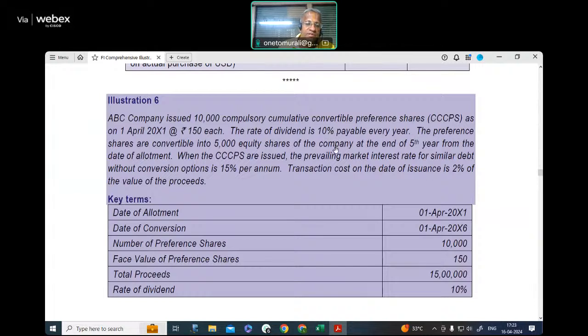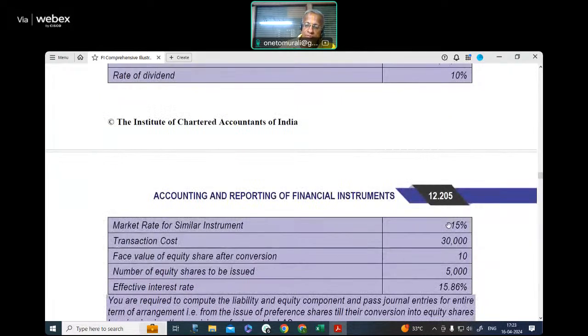The rate of interest is 10% and the effective market rate is 15%. By discounting that, you have the debt component and the balance being the equity component, right? And so the transaction cost of 30,000 has got to be divided between the equity and the debt component.